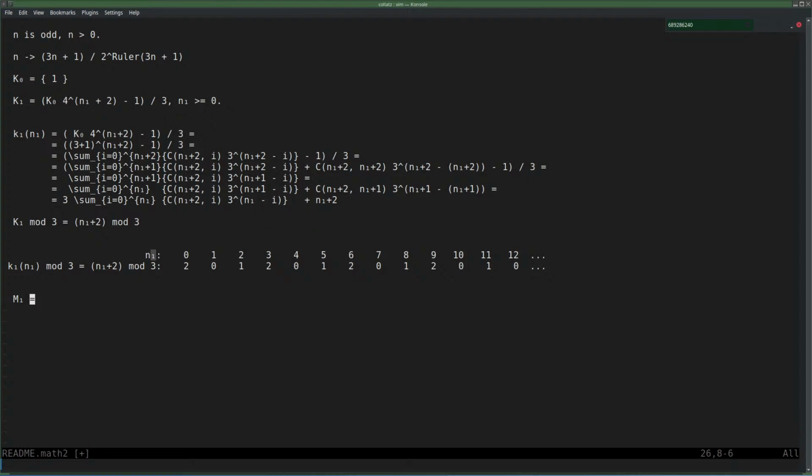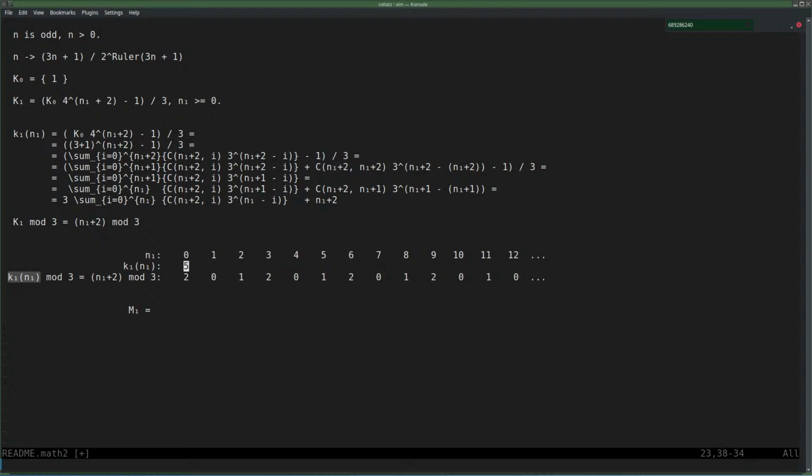But I can now show it more easily by just writing it out. Maybe I should fill in here values of K1n as well to show what those are.